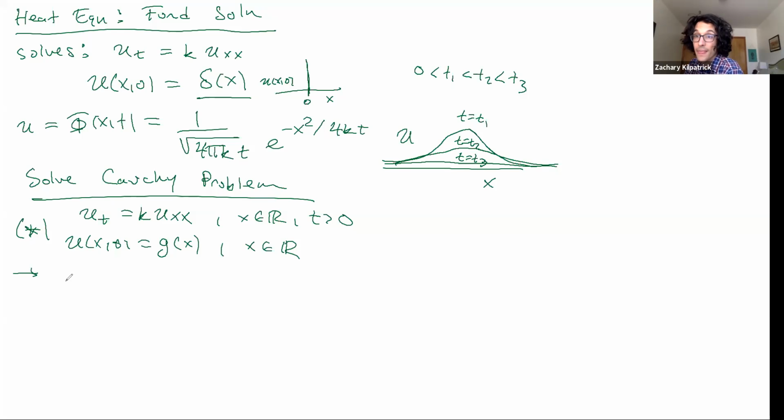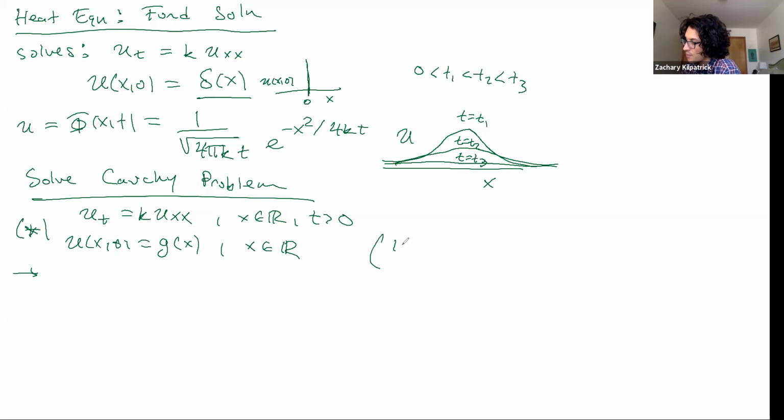Professor? Yes. Should we establish a continuity condition between u of x comma 0 and u? Like the two solutions should give the same result at x comma 0. I mean, phi of x comma 0 should be basically delta of x, right? Absolutely, yeah.